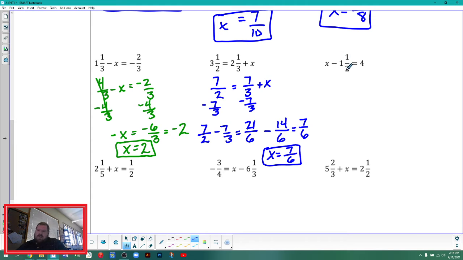Okay, this one I've got 1/2 that I want to turn into an improper fraction. 2 times 1 is 2, plus 1 is 3, so that's 3/2, and that equals 4. So to do this one, I want to add 3/2 to both sides.